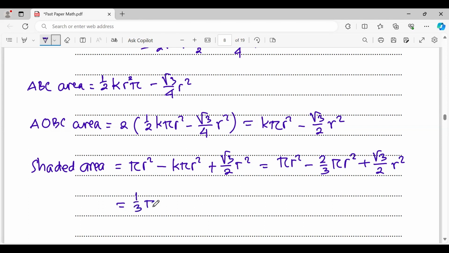So 1/3 pi r squared plus square root 3 over 2 r squared. This is the area of the shaded area.